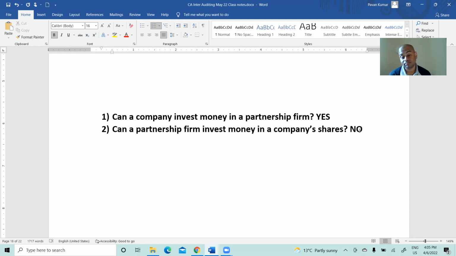Why? Say Harini, Bhuvaneshwari and Dharani have started a partnership firm, DHB and Co. Dharani ma'am, you earned 3 crore rupees profit in the 21-22 financial year.